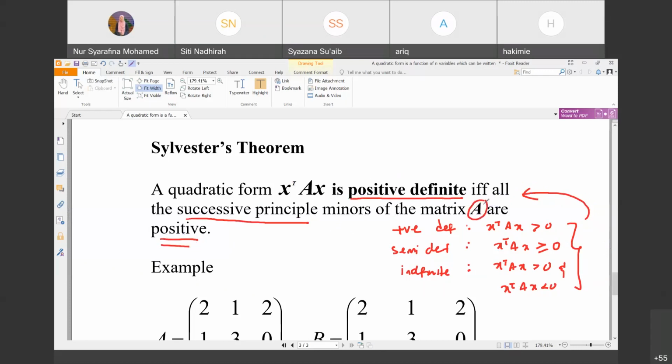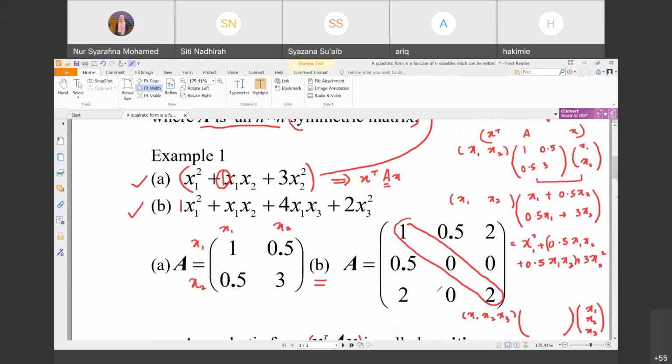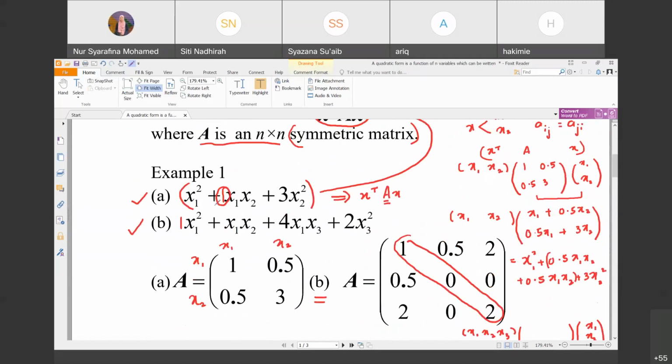So that's why it is important for you to understand how you can construct the matrix A from the given function, right?